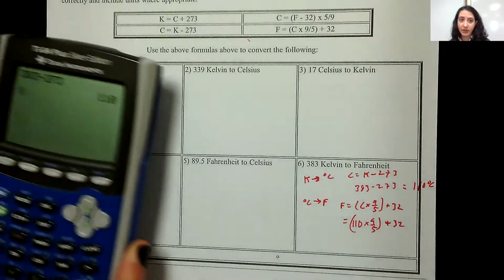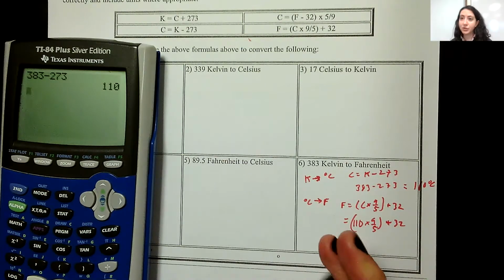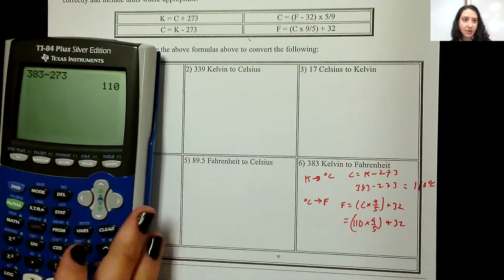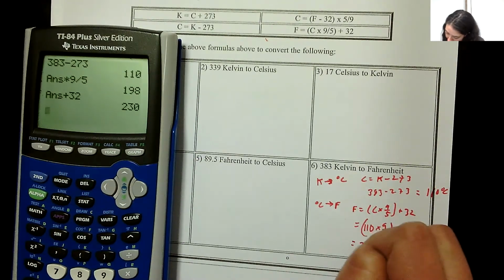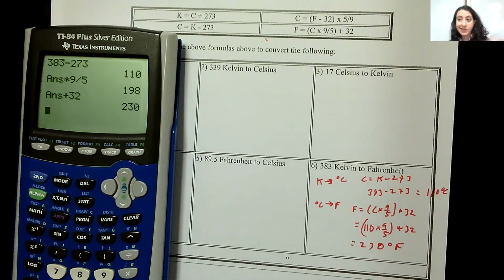It's actually pretty straightforward. I've never memorized this formula ever in my life. If for some reason I have to convert and I don't have the internet to help me, I will just derive the equation. It takes a few minutes, but it's not that big a deal. It's actually not that hard. Okay, so 110 times 9 divided by 5 plus 32 equals 230 degrees Fahrenheit. So there you go. That's how you do it.